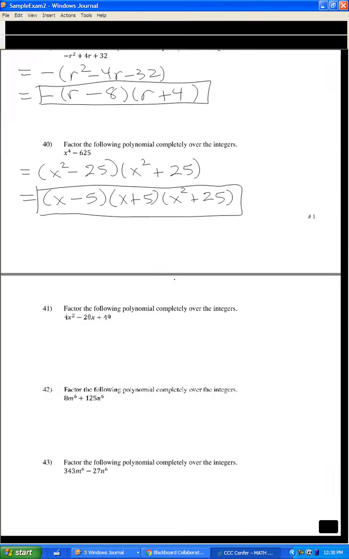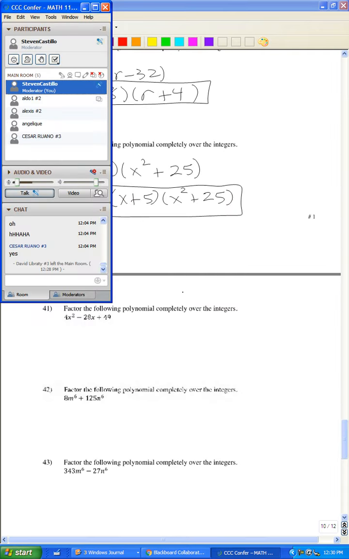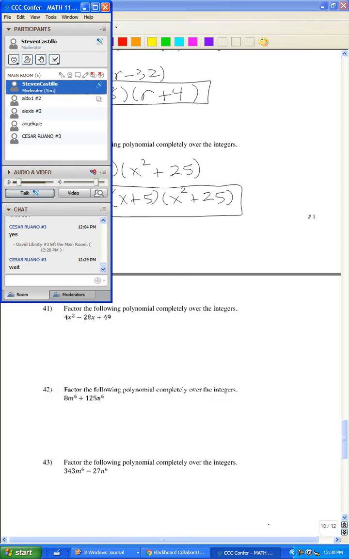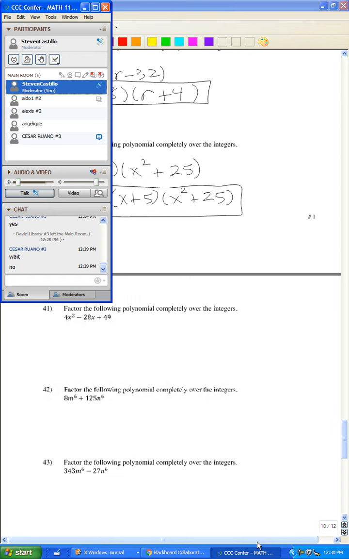Factor. Well, luckily, will you stop doing this? Sorry. Did it glitch out on me again? Can you see? No, of course not.